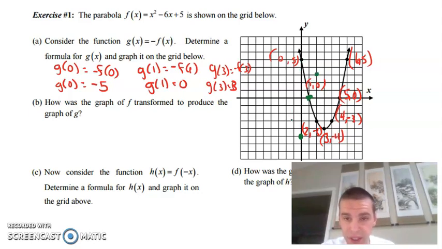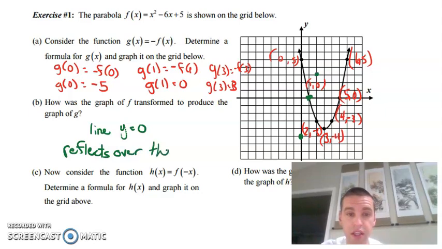And this point now is down here. This point is now up here. What did it reflect over? And hopefully you got that it reflected over the line y equals 0, or how we usually say it, reflects over the x-axis.